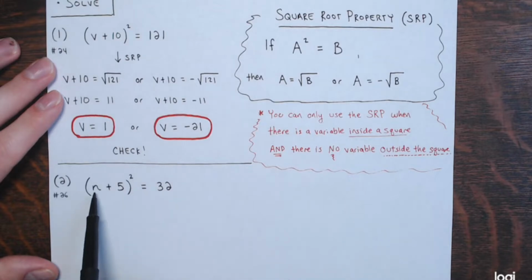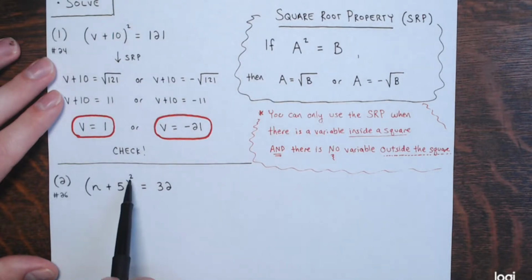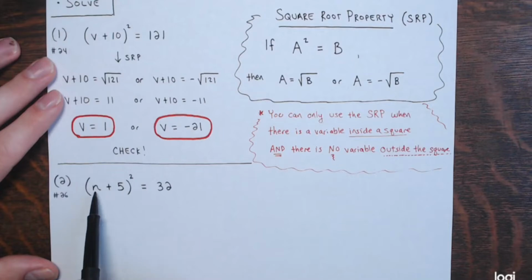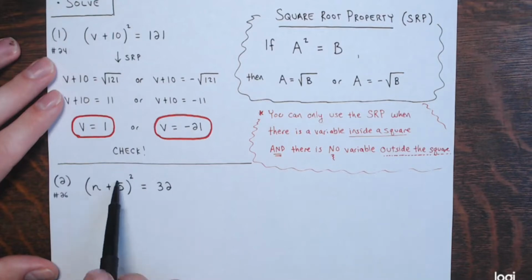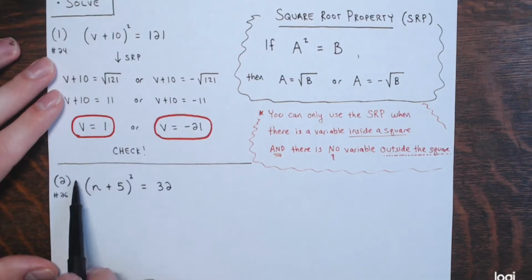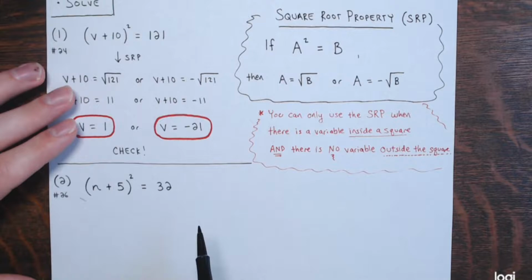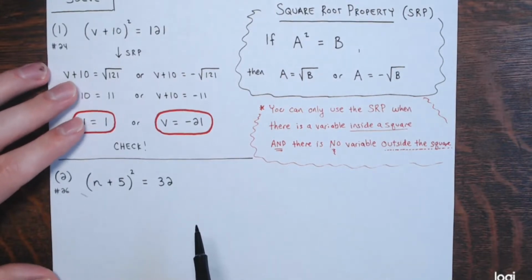So you see this n plus 5 squared on one side equals a number, 32, on the other. There's a variable n inside a square, and if you look outside the square, there is no variable. That's prime form for when you can use the square root property.